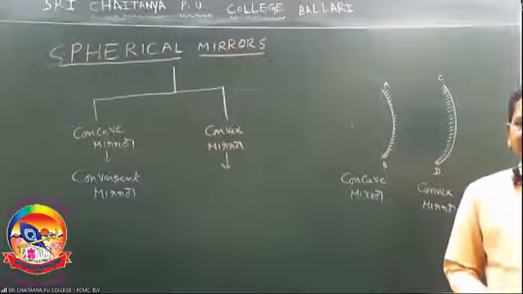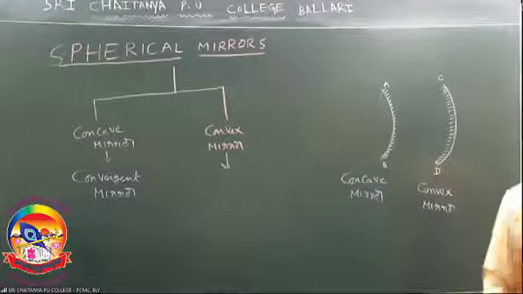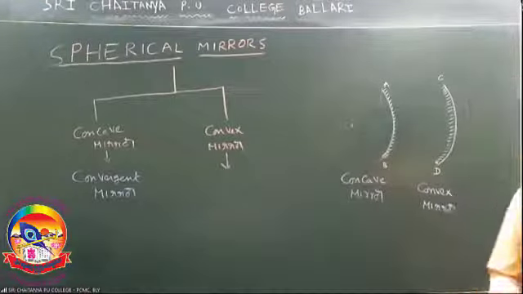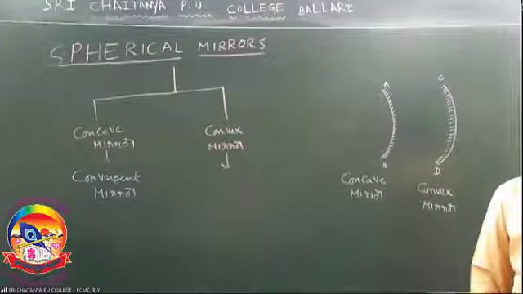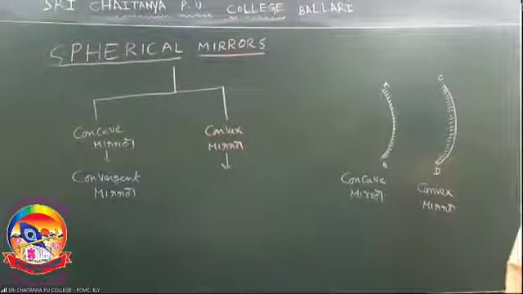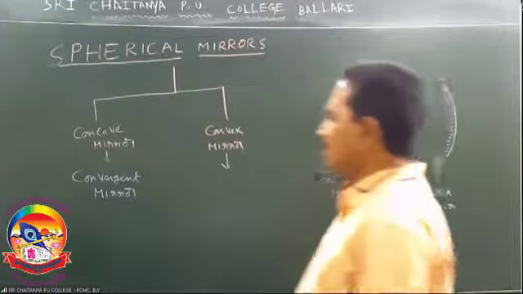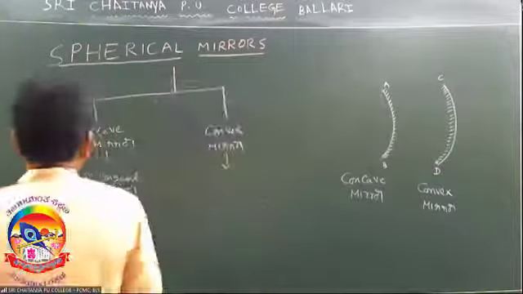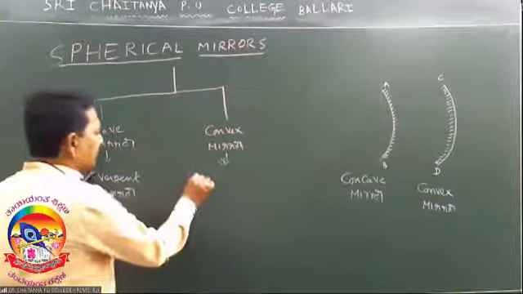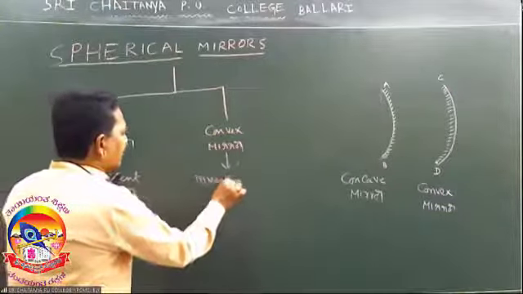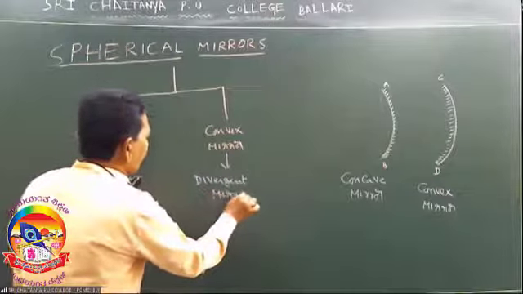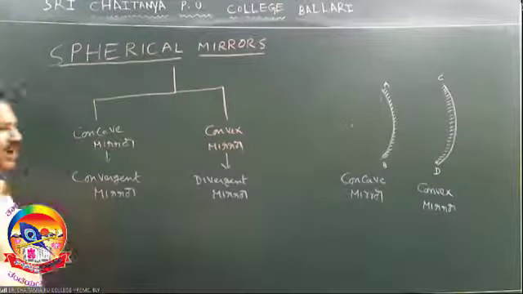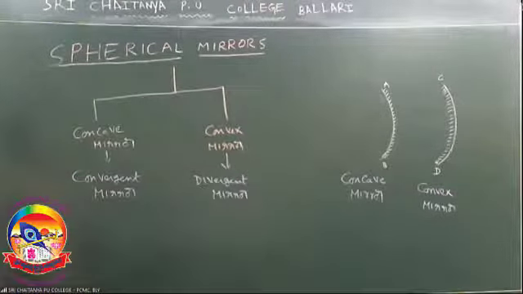If the light rays diverge, appearing to meet at a point, that beam is called a divergent beam. So in the convex mirror, after reflection, all the light rays diverge, appearing to meet at a point. That's why the convex mirror is the divergent mirror.